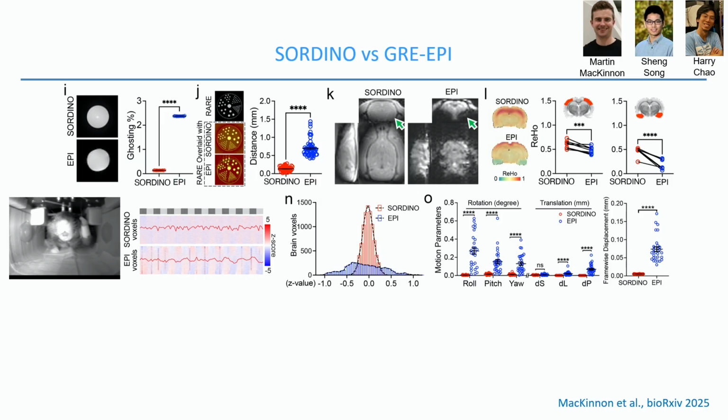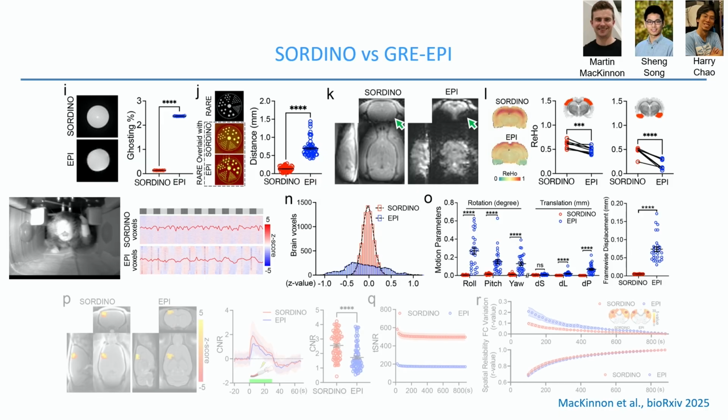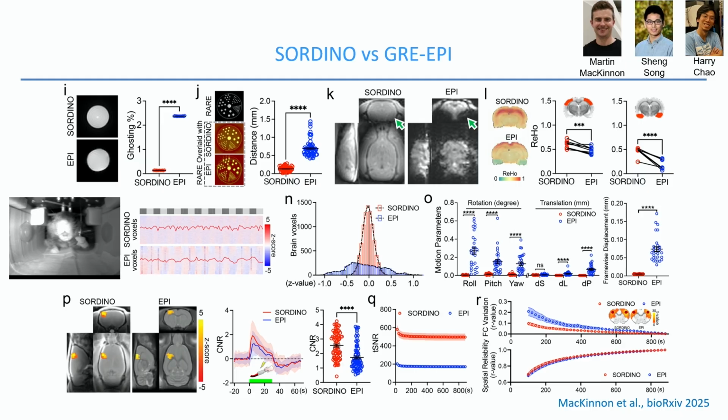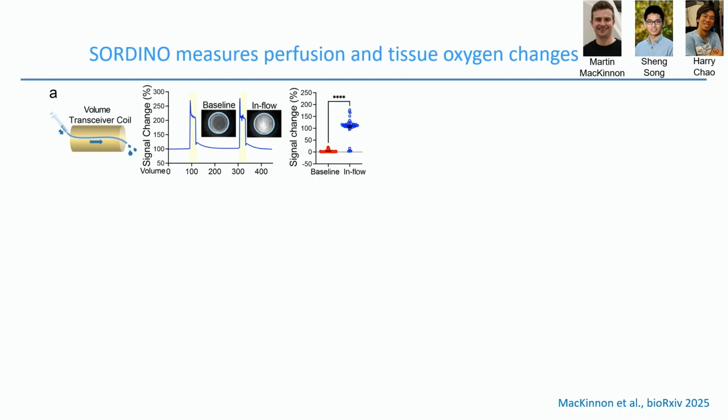And perhaps one of the important findings from this recording scheme is that if you select your TR and flip angle properly, in a within-subject comparison, within session, same stimulation, same subject, and a matching spatial and temporal resolution, we can show that SORDINO is not carrying an inferior signal-to-noise, or contrast-to-noise, compared to the gradient echo EPI scan in this forepaw task. And you can also use this to map functional connectivity.